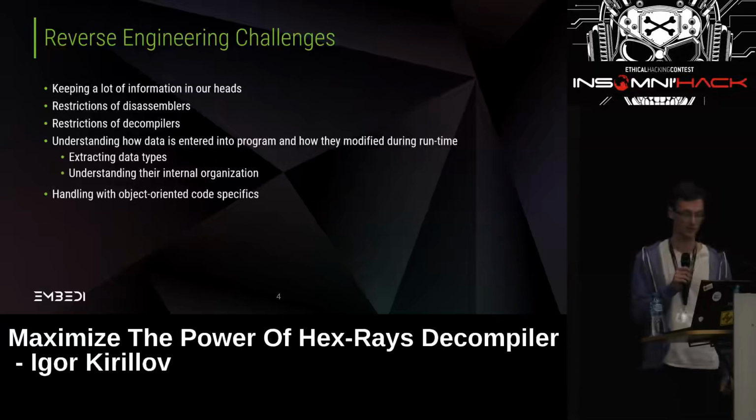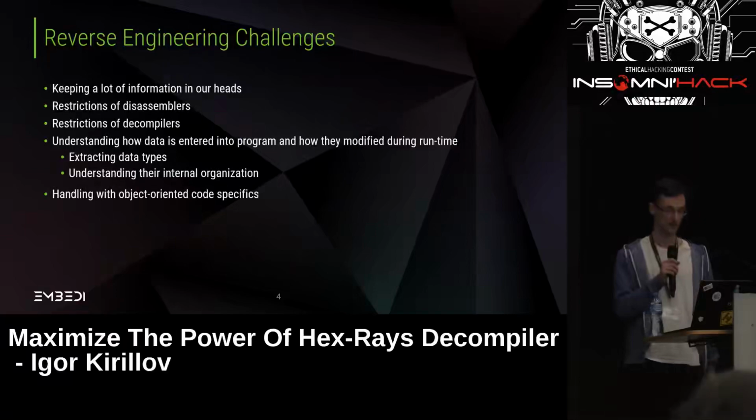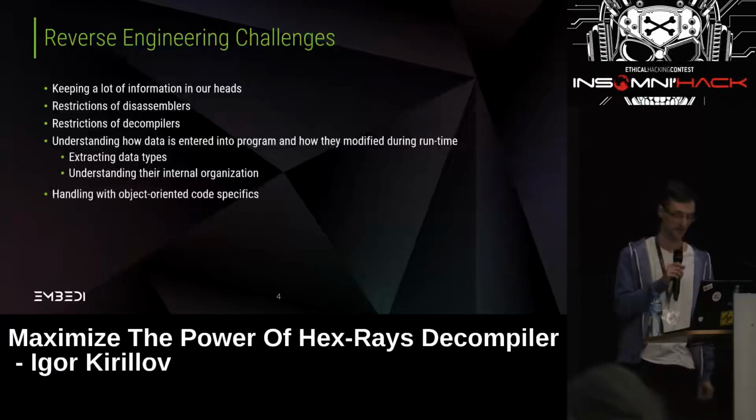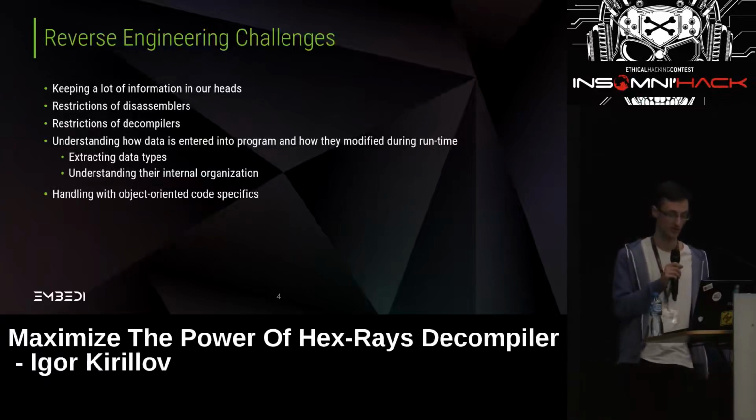I suppose that understanding how data enters the program and how it is modified during runtime is a cornerstone of reverse engineering. To understand it, we usually have to take two steps. First, extract data types interesting for our purposes, and second, understand how they are organized.